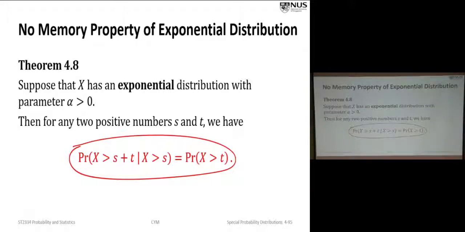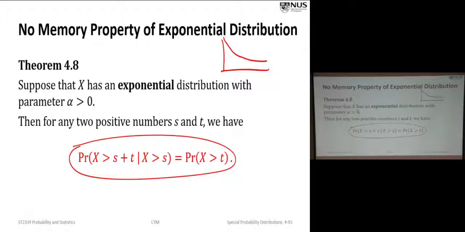In fact, the exponential distribution is very commonly used to model the survival time or the time to failure. All right? So the chance that X survives should be very high at the beginning, but then it's getting lower and lower.